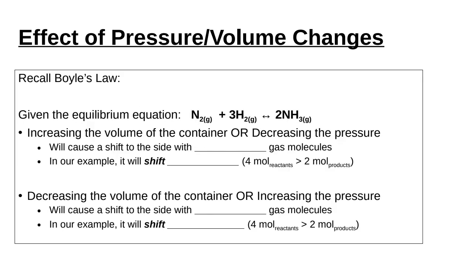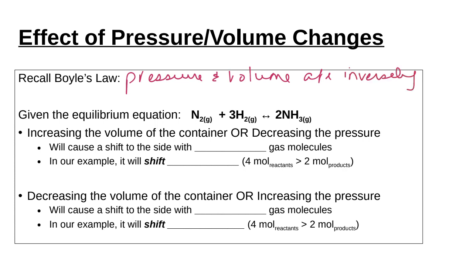So when we talk about gas equilibrium, we can also talk about pressure and volume changes. And we have to recall Boyle's law from our lessons in gas chemistry from last year. So Boyle's law states that pressure and volume are inversely related.